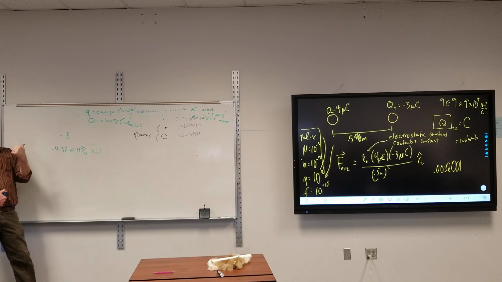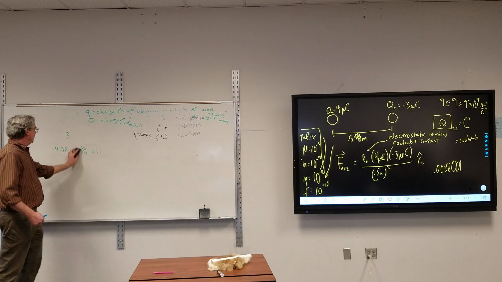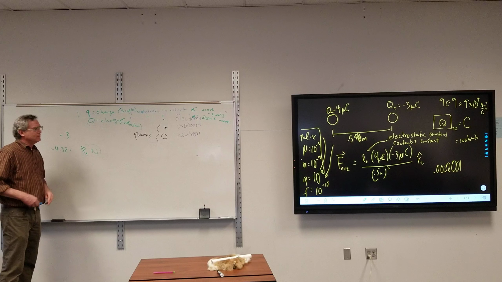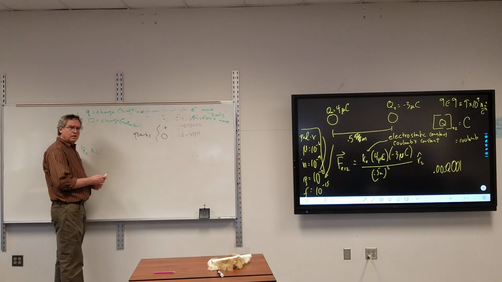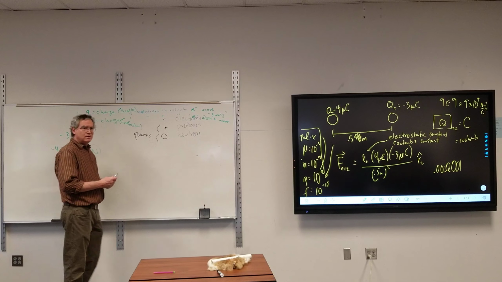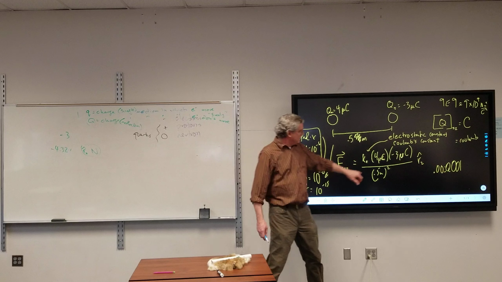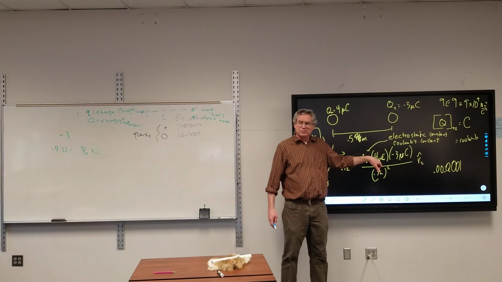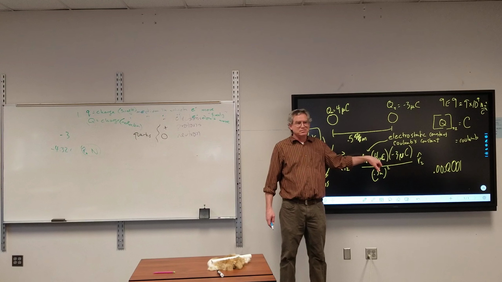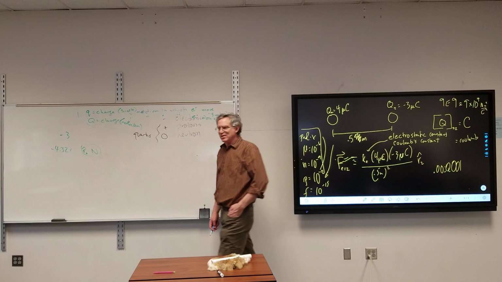That's a huge force. It's 9E9, right? That 11 can't be right. Do we have to convert the micro, 10 to the -6? So we have to convert it to normal coulombs before. Yes, I didn't do that.